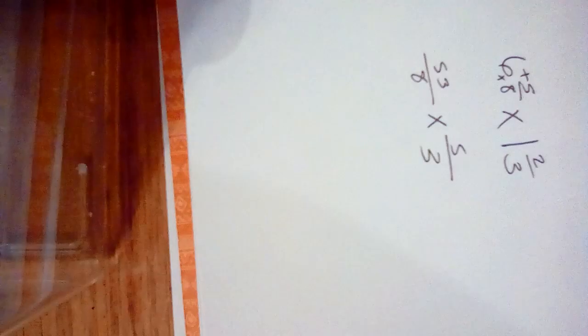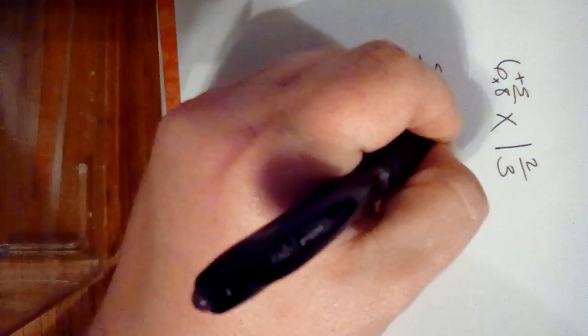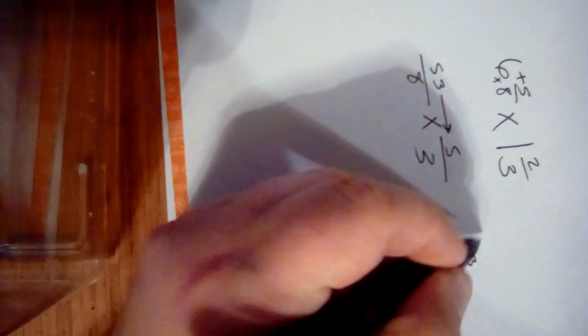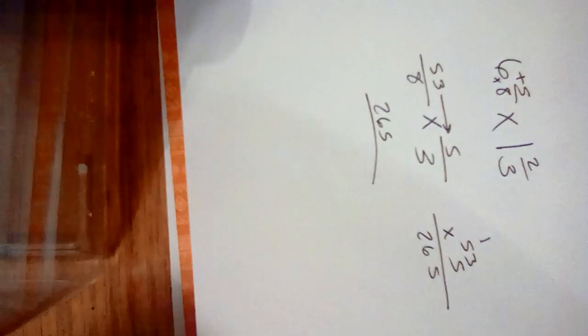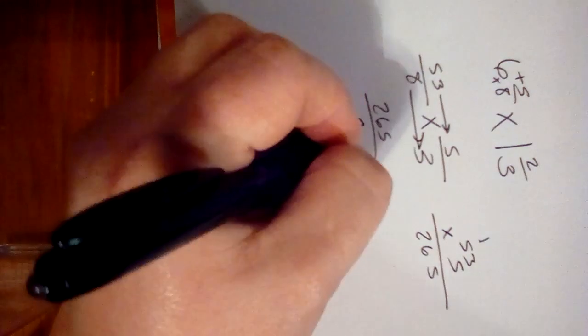Now, they're all improper, so I'm going to multiply. 53 times 5. I'm going to be careful not to make a mistake like I did on the last one. 5 times 3 is 15. 5 times 5 is 25, plus 1 is 26. So I got 265 over 8 times 3, which is 24.